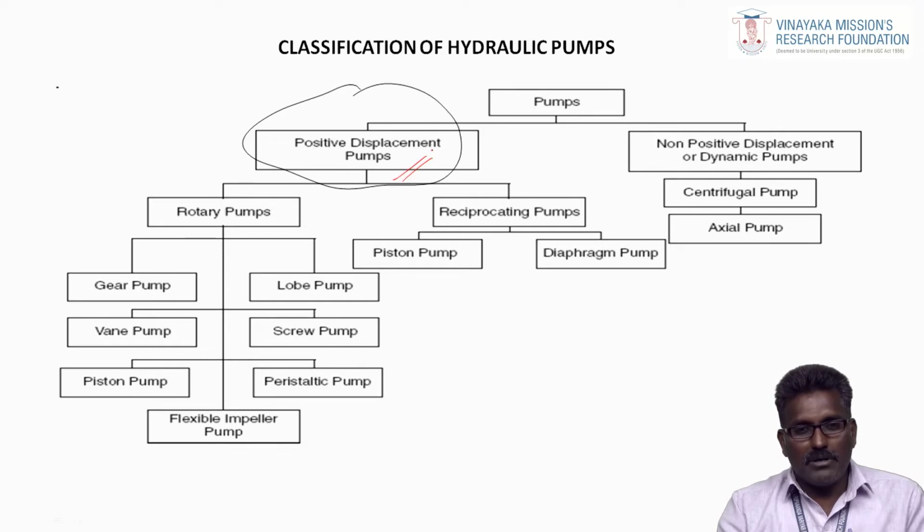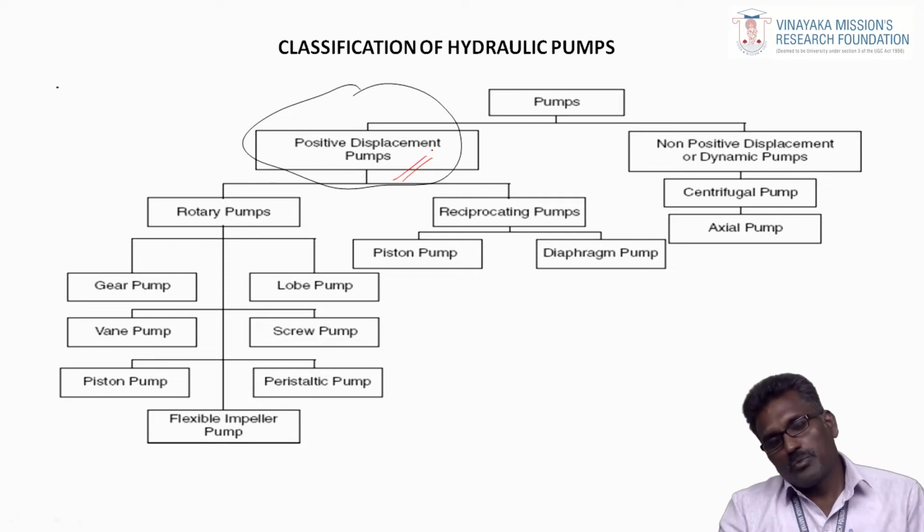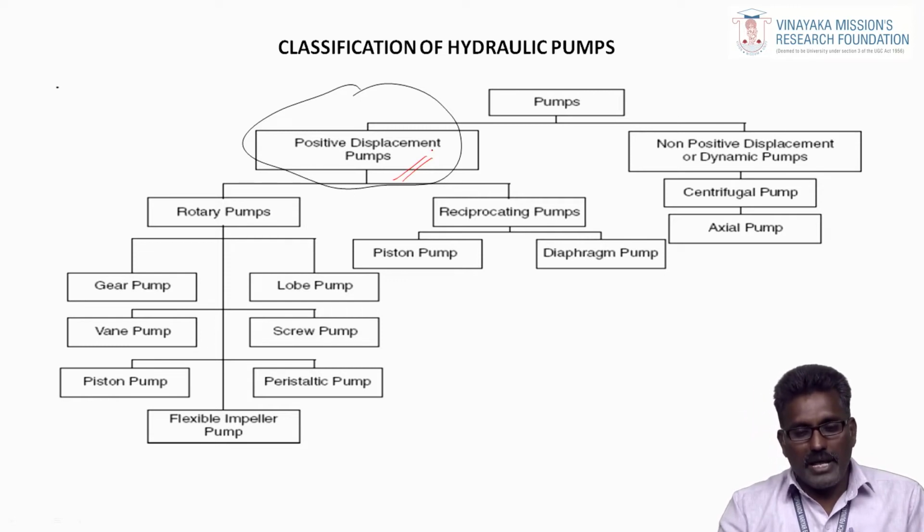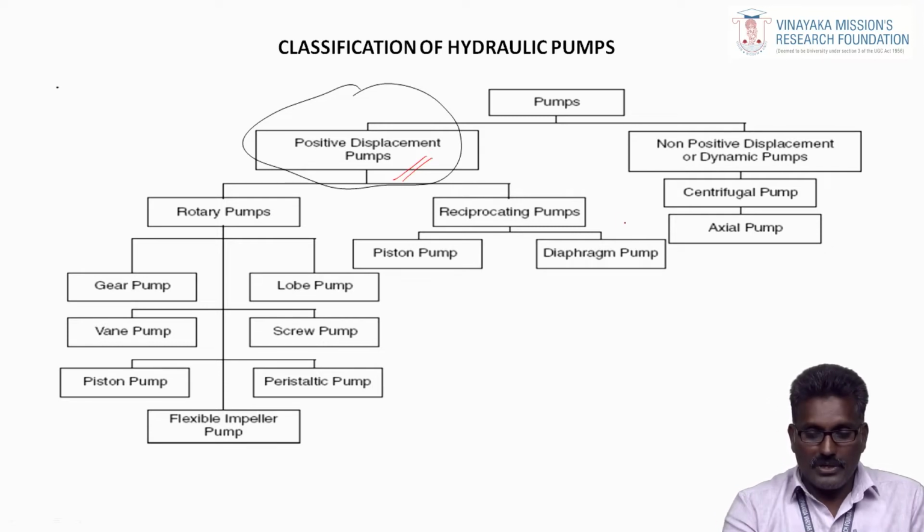The level of the fuel tank is lower than the level of the engine, so some power source is required to transfer the fluid from the fuel tank to the engine. In this application, we mostly use a diaphragm pump. We do not use the diaphragm pump for hydraulic applications. The piston pump we use widely.